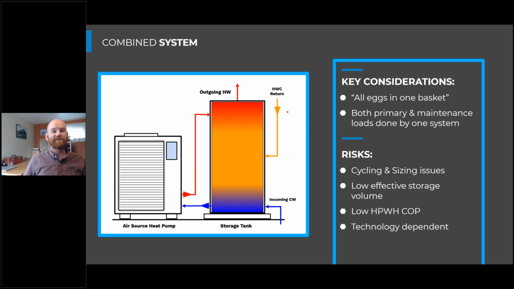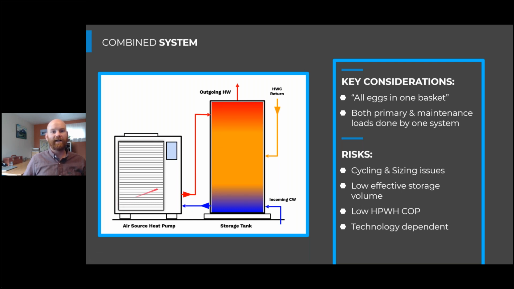And so that would result in frequent cycling. And because these heat pumps operate in a heating cycle, that frequent cycling on and off over the course of an hour can create substantial issues and reduce the longevity of this type of equipment.